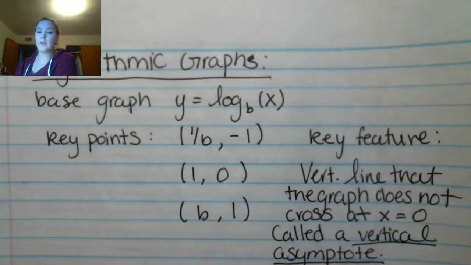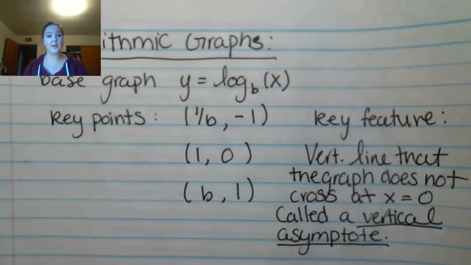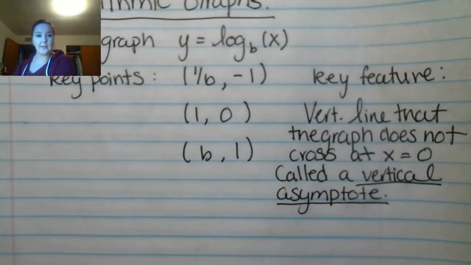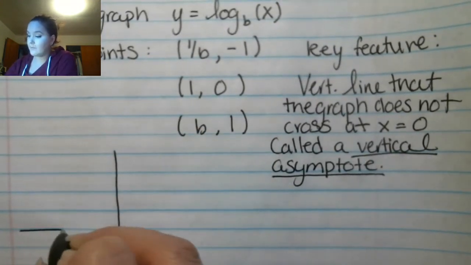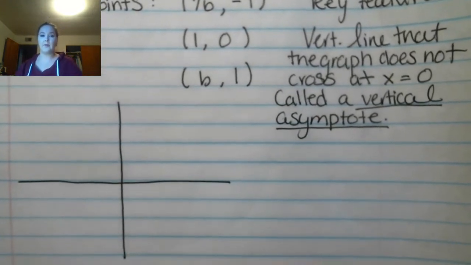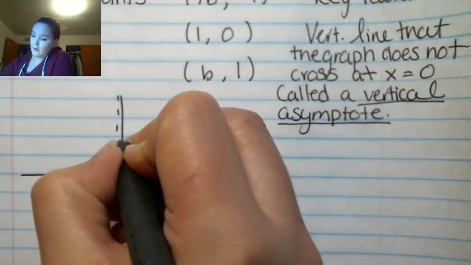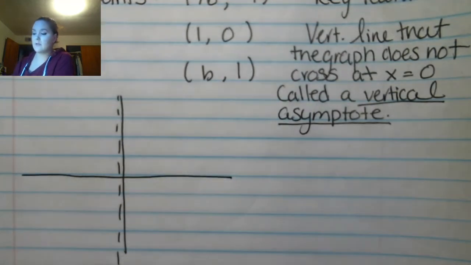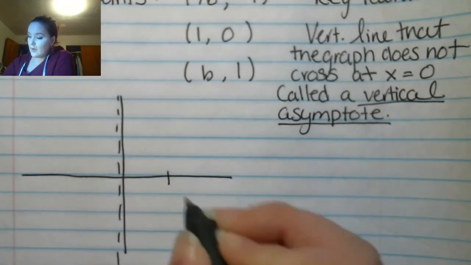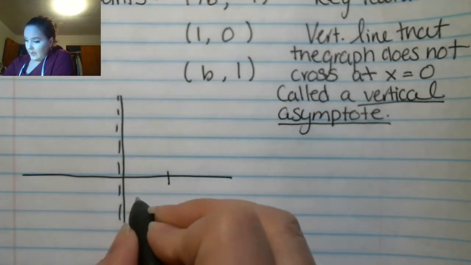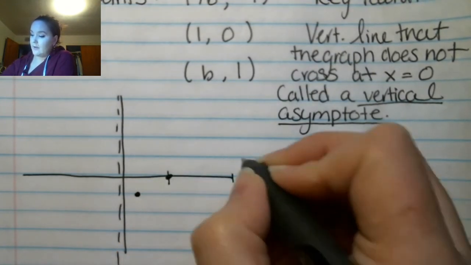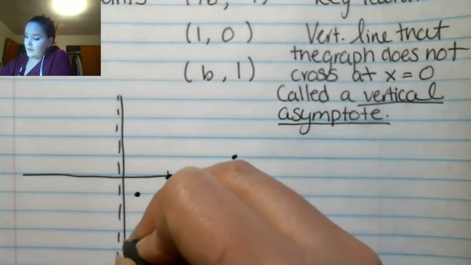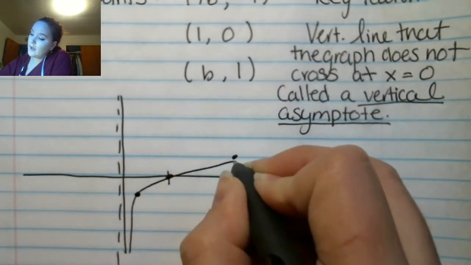So you will see the name vertical asymptote a lot in the homework assignment when it's asking you about the graph. So let's look at the basic shape of the graph. We've got this vertical line along the y-axis the graph doesn't go across. So we've got 1 over b, negative 1, then we've got 0, 1, and then we've got b, 1, like this.